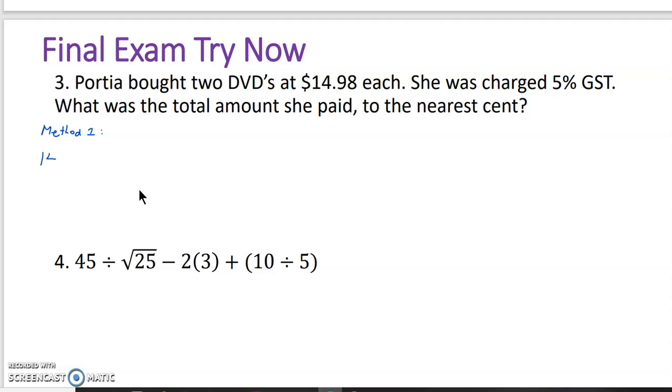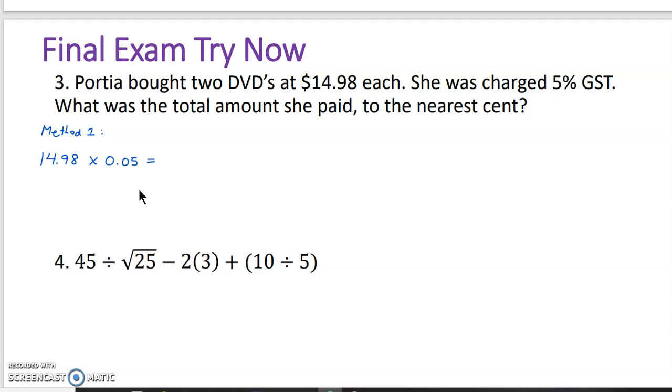So we can take 14.98, and a quick way to calculate GST is to multiply by 0.05. You can set up a percent proportion as well, but this goes faster and is more real life. If you were standing in a store with your phone, you would be doing this above setting up a proportion.